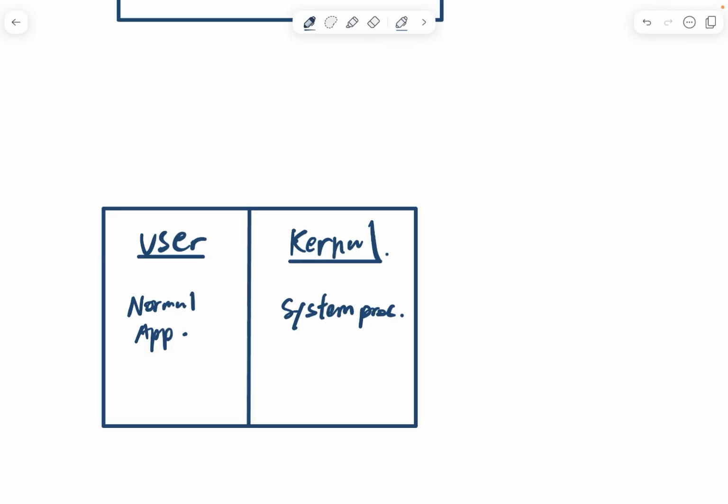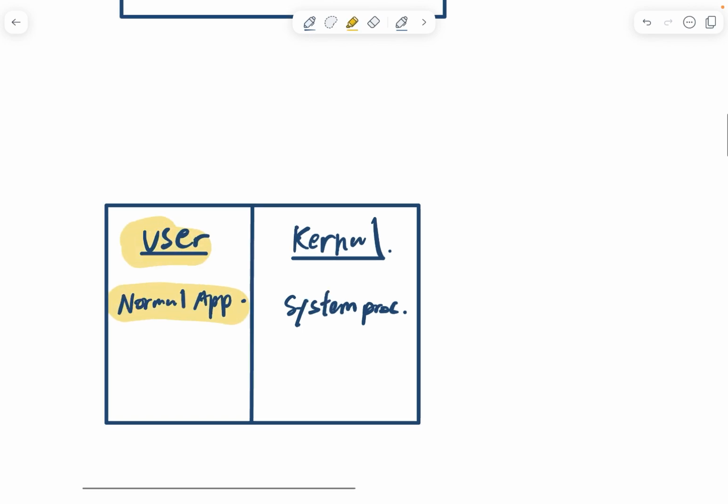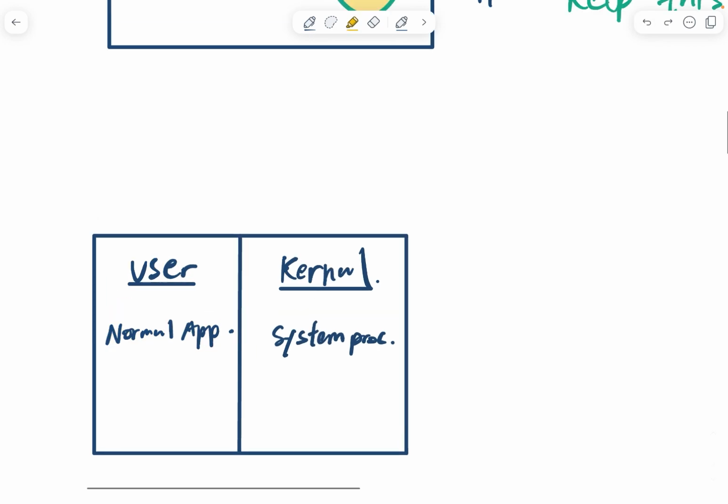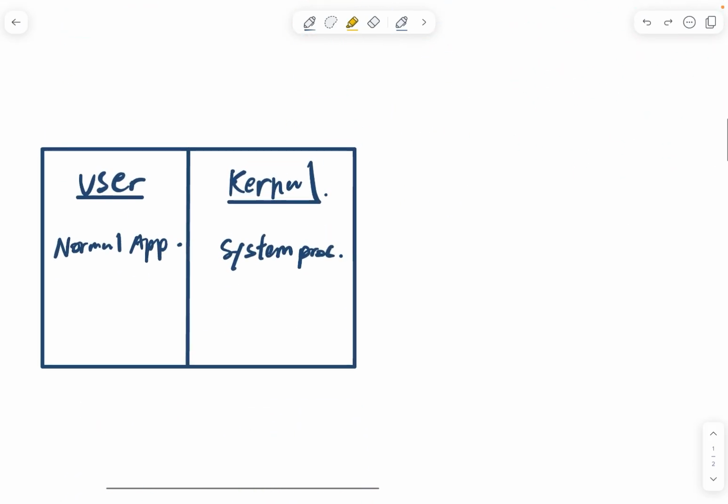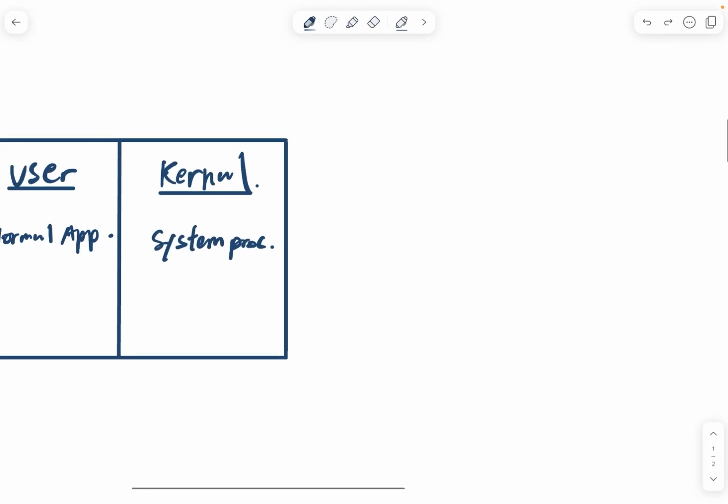So this is a normal app, and the Meltdown vulnerability can manage to access the memory in the kernel from an app that is in the user state. And this is what the Meltdown vulnerability can do, and how it does that. Okay, so we're gonna explain it.